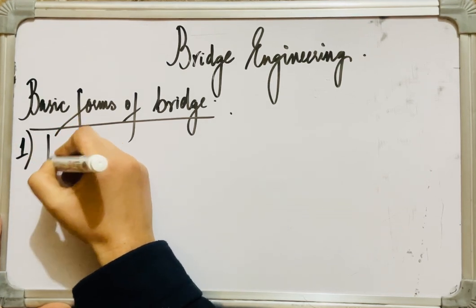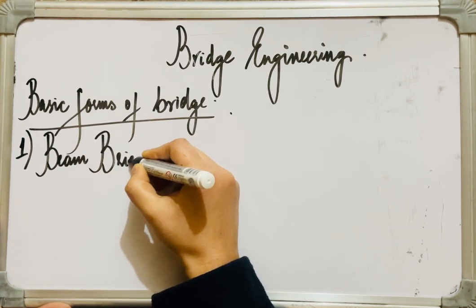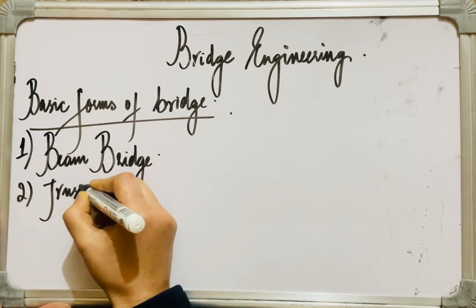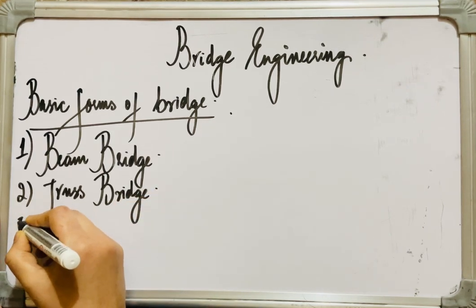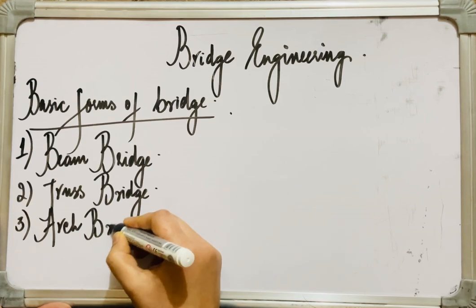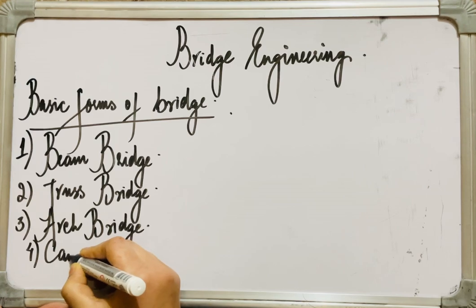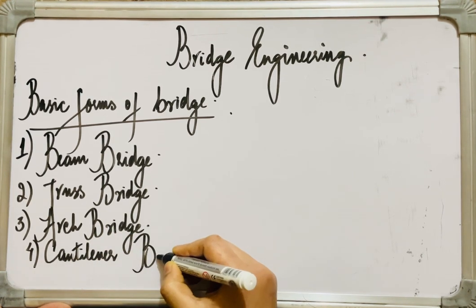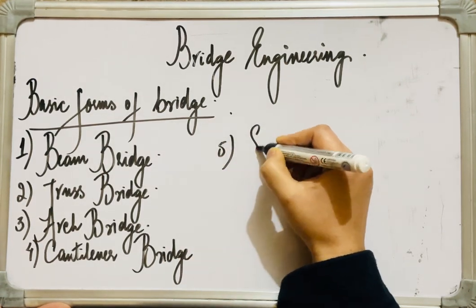The first one is a beam bridge. The second one is a truss bridge. The third one is an arch bridge. We have a cantilever bridge. The fifth one, suspension bridge.